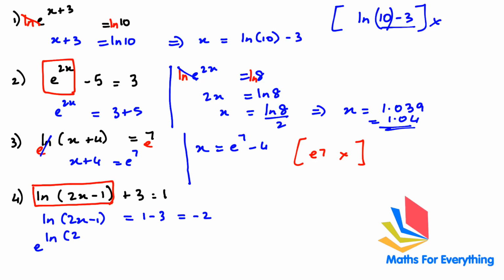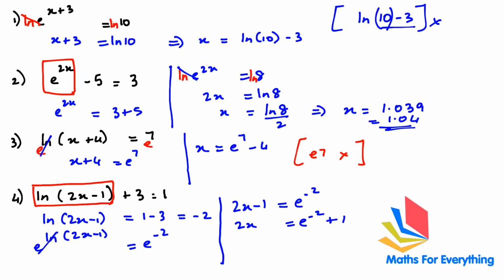So it will be e to the power of ln 2x minus 1 is equal to e to the power of negative 2. This will get cancelled and we will have 2x minus 1 is equal to e to the power of negative 2. We move the negative 1 to the other side, it will become positive 1. And divide by 2, the whole thing.